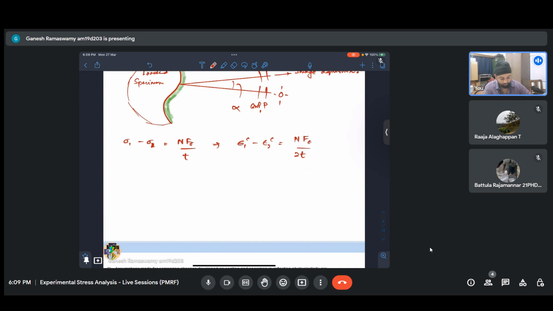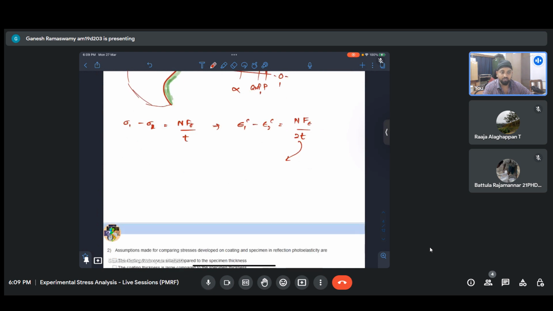Why we have 2t is because the denominator is not the thickness, but it is the length of the light path.